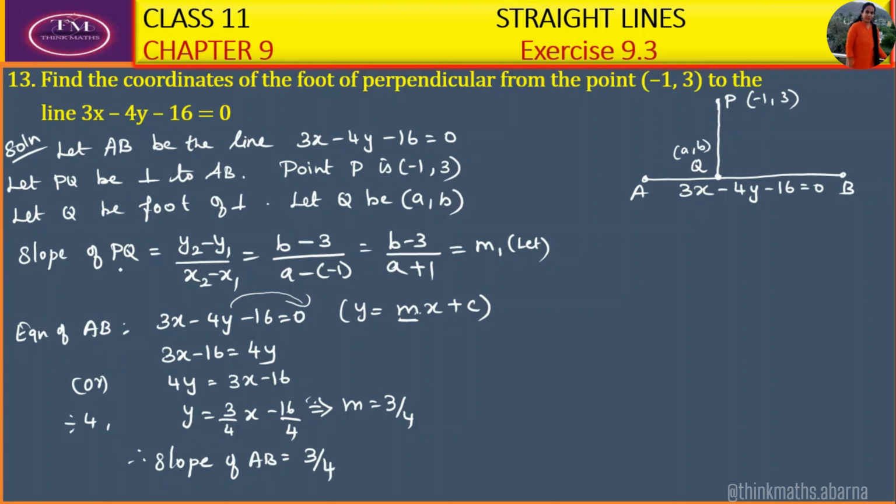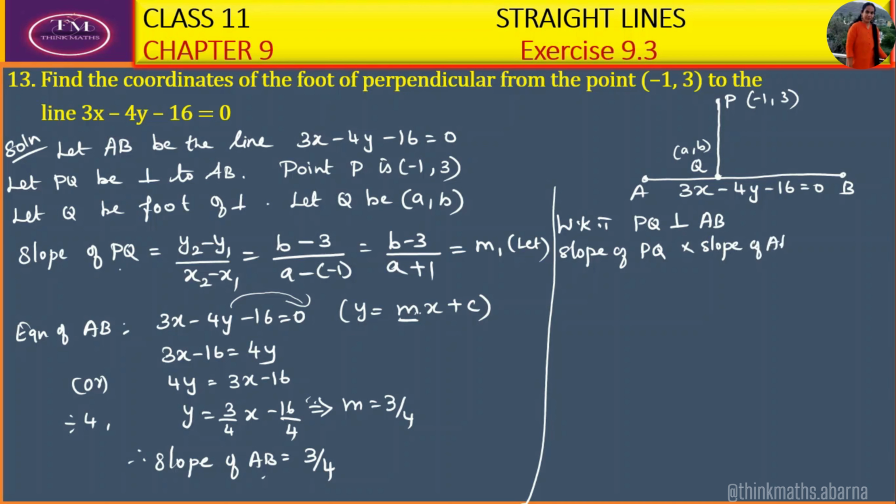So we got the slope of PQ as well as the slope of AB. We know that PQ is perpendicular to AB. That means slope of PQ into slope of AB equal to minus 1. What is the slope of PQ? It is B minus 3 divided by A plus 1. What is the slope of AB? It is 3 by 4, equal to minus 1.